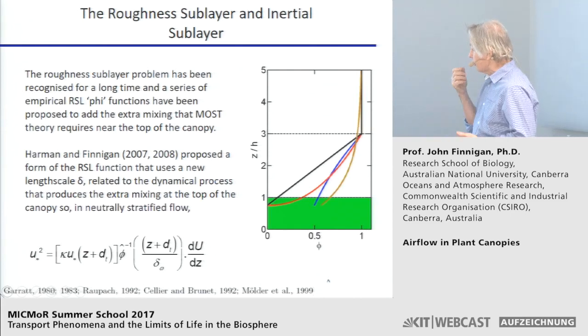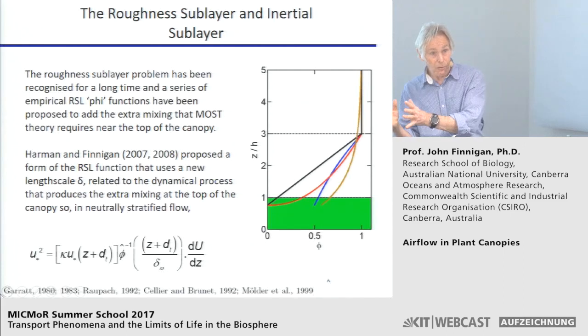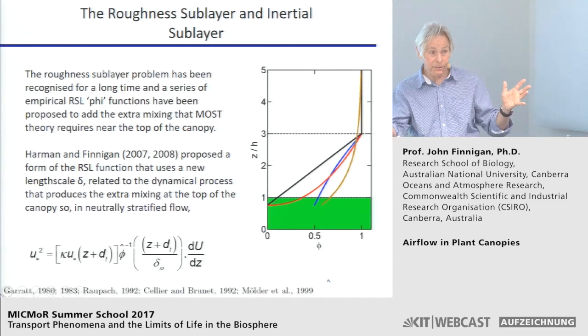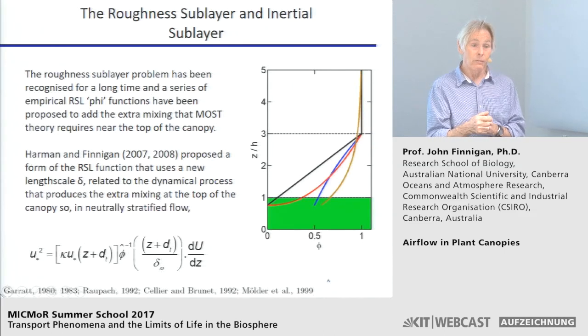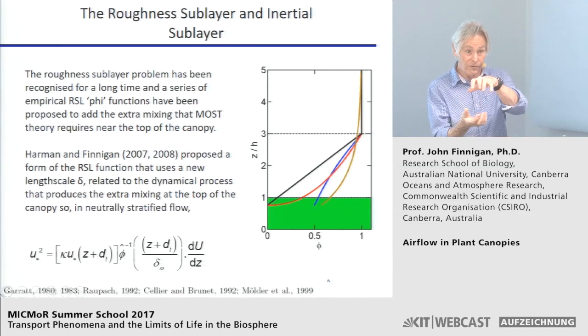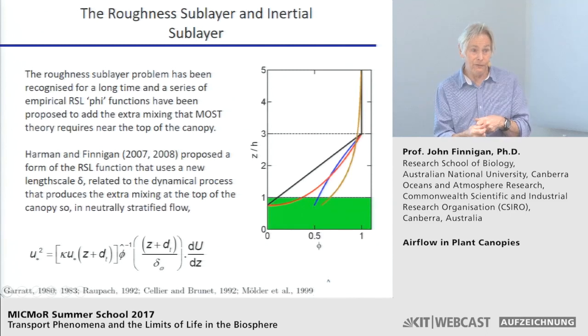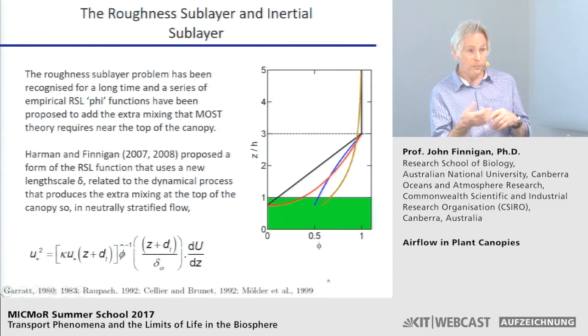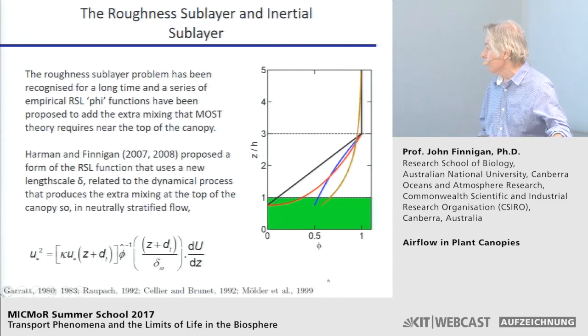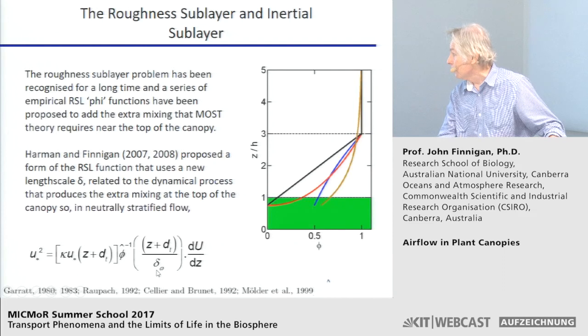The vorticity thickness then means we have another parameter in our Buckingham pi theory. We have now an extra dimensionless group we can form, as well as the phi based upon z upon L. We can now have another phi, we call the roughness sublayer phi, based on z upon the vorticity thickness. So even in neutral conditions, we have this new phi.